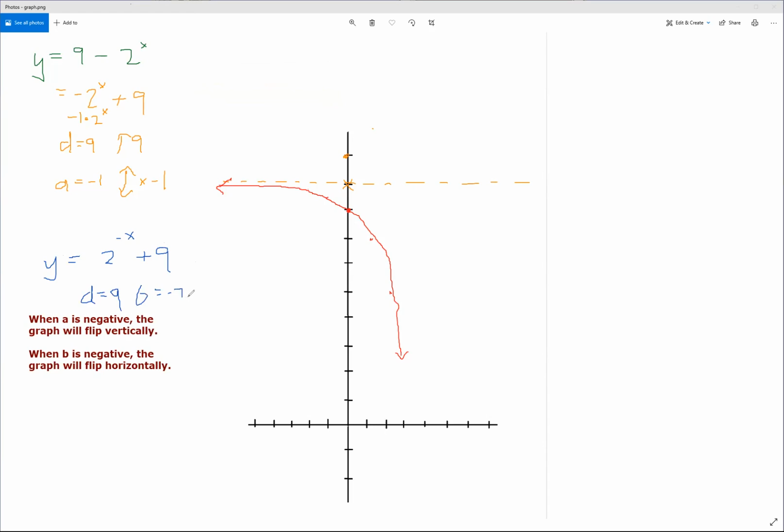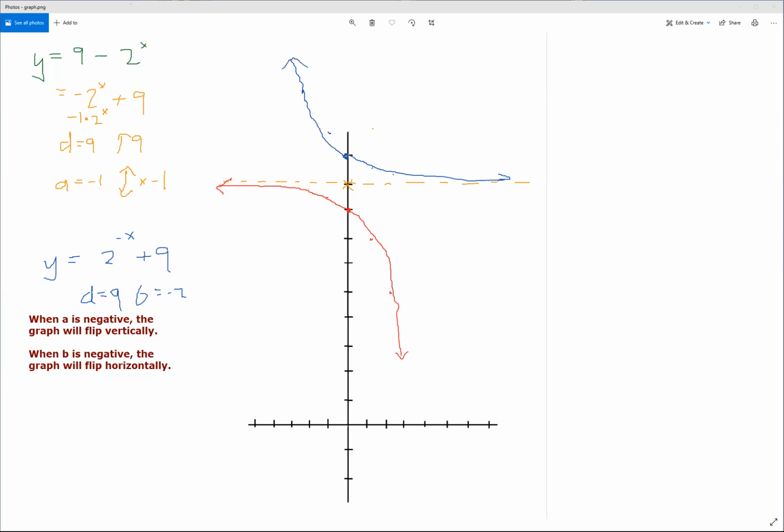So we're still going to be up by 9. We're still going to have the same starting point or same origin, as it were. Well, we got 0, 1, but then instead of going to 1, 2, we go to -1, 2. So going to 2, 4, we go to -2, 4. And again, everything is flipped around. So this is also backwards of what a parent function of 2 to the x would look like.